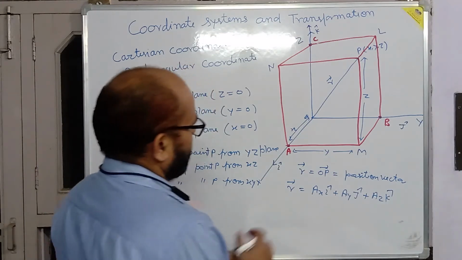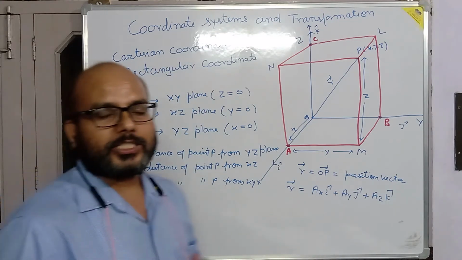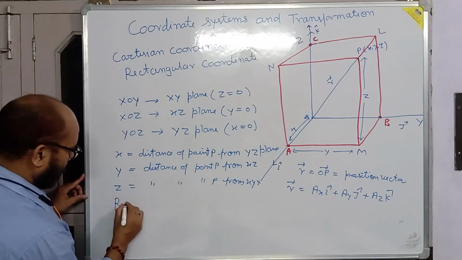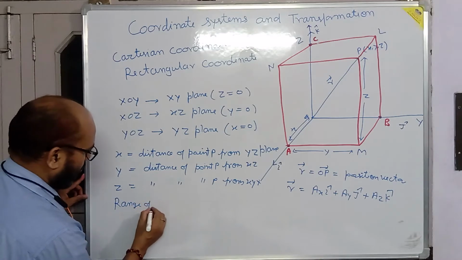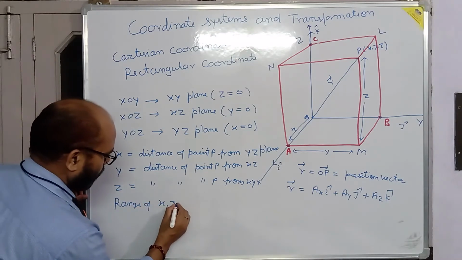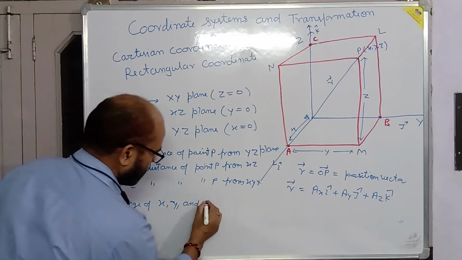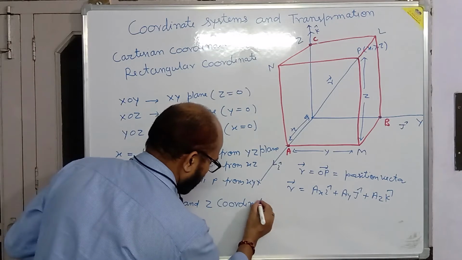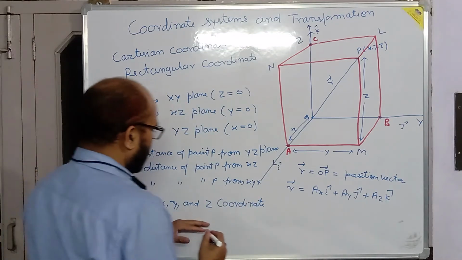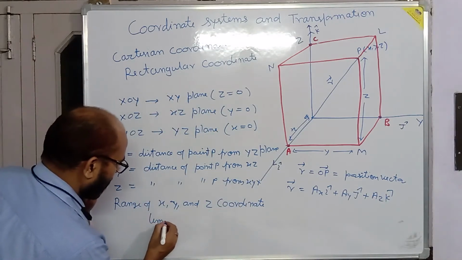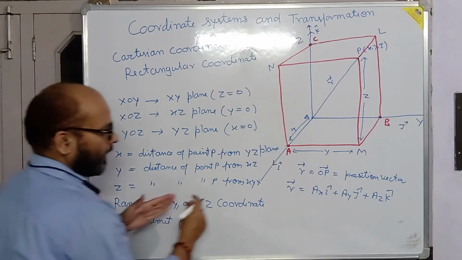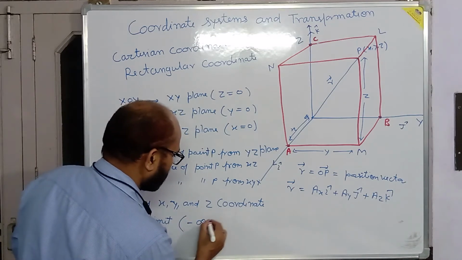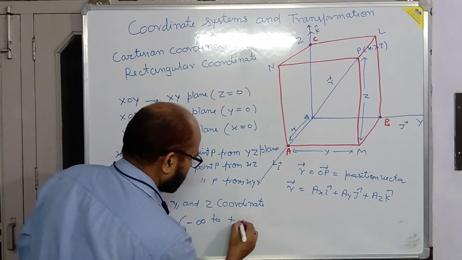अब second thing, what is the range of x, y and z coordinates? Range of x, y and z coordinates, right? So the range, or limit, of the x coordinate: here x is like the number system. That means कि minus infinity to plus infinity.